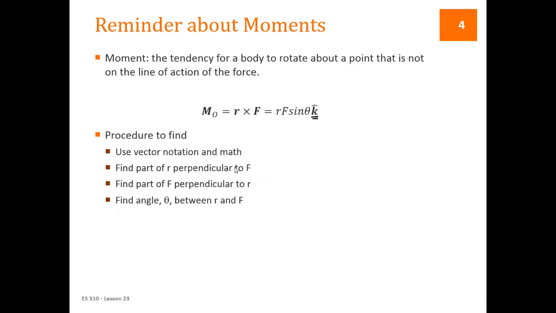We can also find the part of r that is perpendicular to F and multiply them together, or we can find the part of F perpendicular to r, multiply them together, or we can find the angle theta that's between r and F and use r times F sine theta. Depends on the problem and on your preference of how you might find these. The directions, remember, use your right-hand rule. Counterclockwise is positive, clockwise is negative.